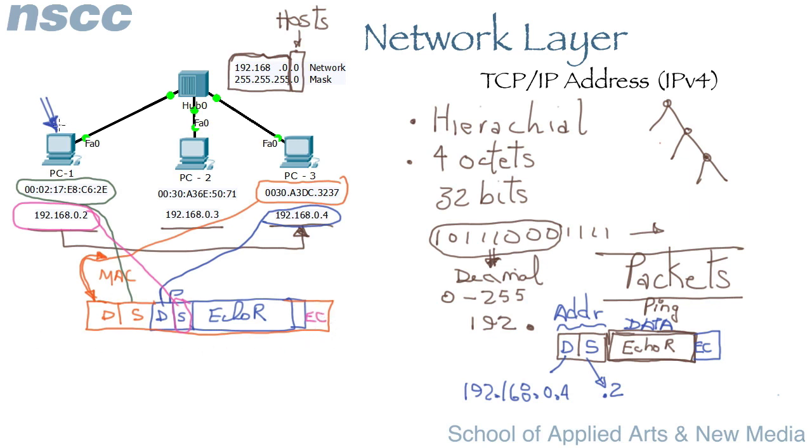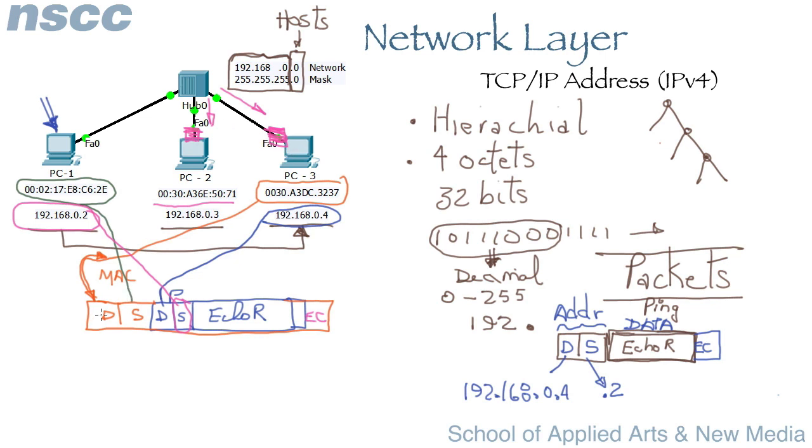Now this frame gets sent out to the hub, and the hub simply rebroadcasts it on all its ports. And it gets processed by the NIC in PC2, and it gets processed by PC3. So PC2 is going to say, I'm going to look at the destination MAC address. Does it match mine here? No, it doesn't. Is it a broadcast? No. So PC2 simply ignores the frame.